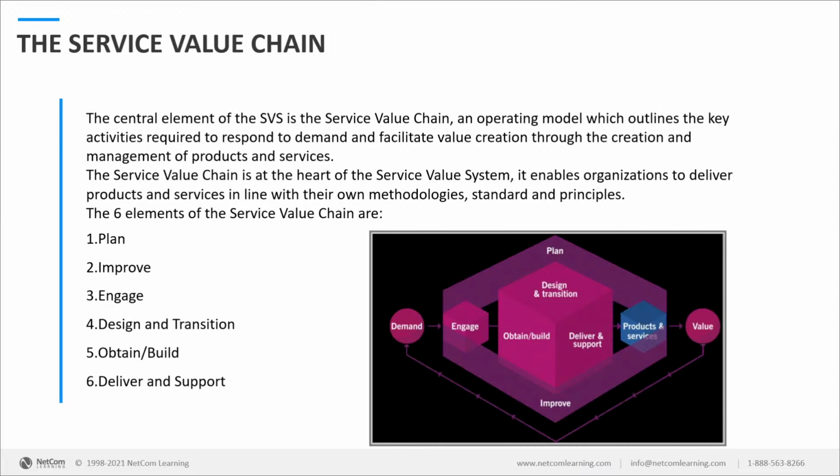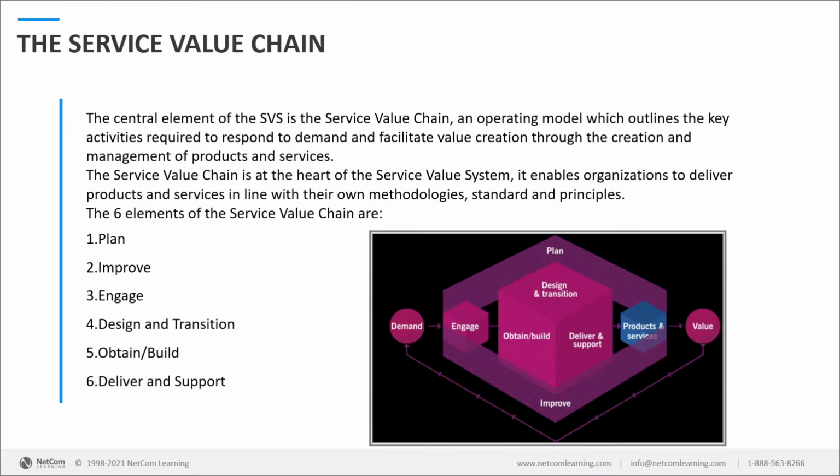The elements that fall under the service value chain are plan, improve, engage, design and transition, build or obtain, deliver and support.